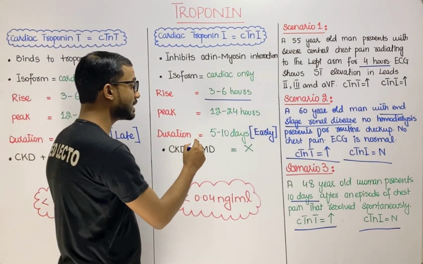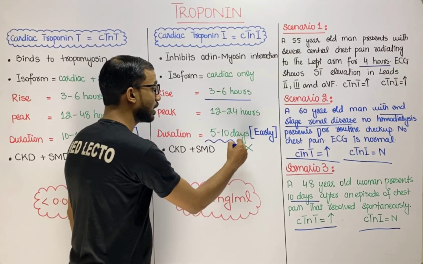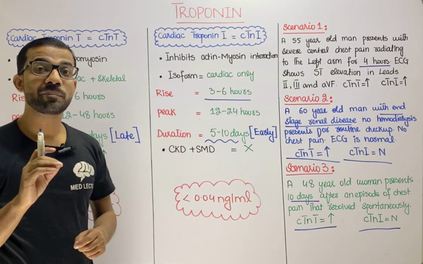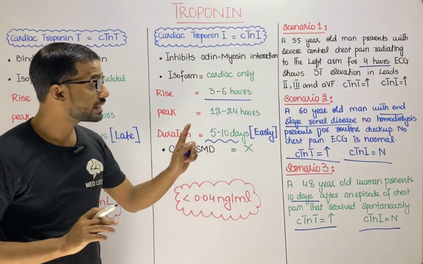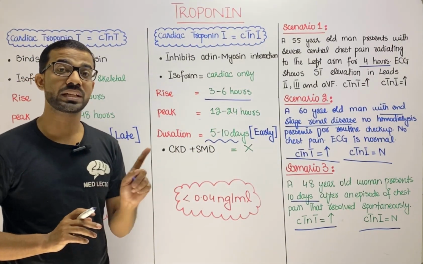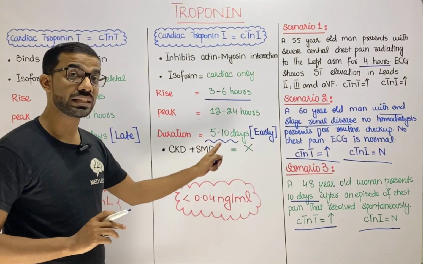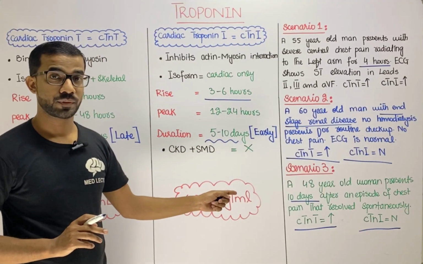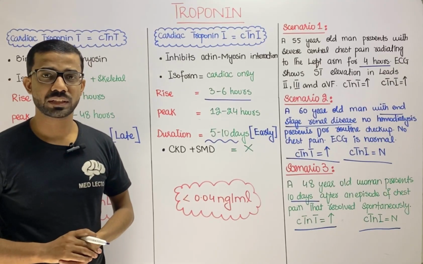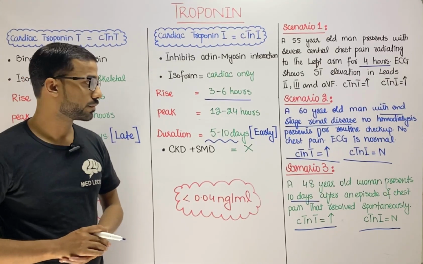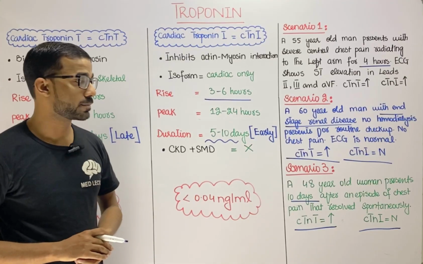We have already discussed the duration. Troponin I will remain in the blood for 5 to 10 days. But this woman presented to the clinic after the 10th day. So it will start normalizing after the 10th day of the chest pain episode.